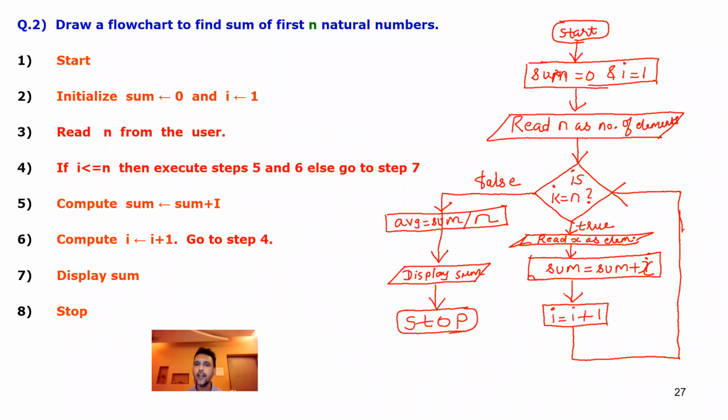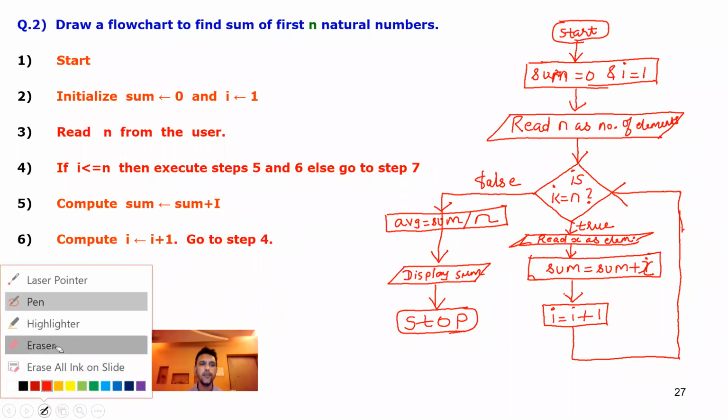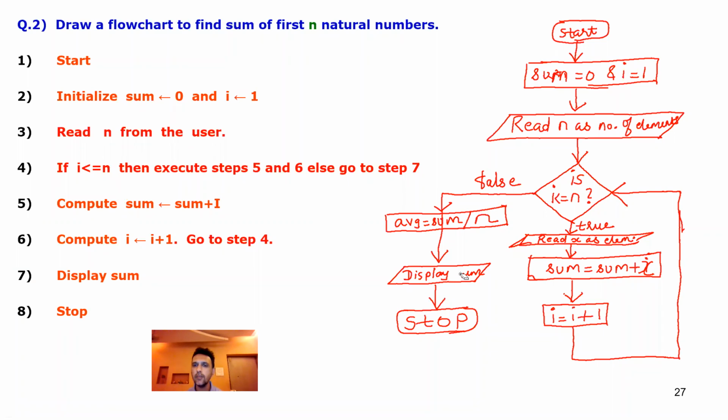After that, the arrow, and over here, instead of writing display sum, we will write display what? Tell me. Average. And that's it. My flowchart is ready. So copy this flowchart, and if you have any doubts, you can ask me. Come on, start copying.